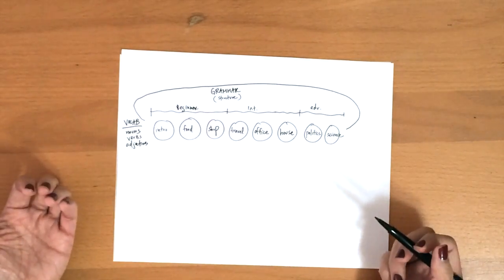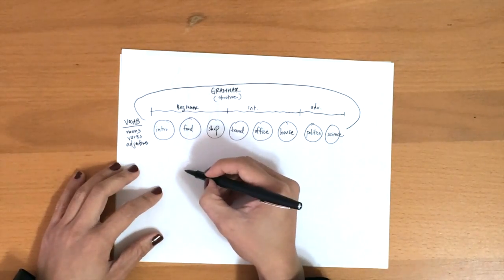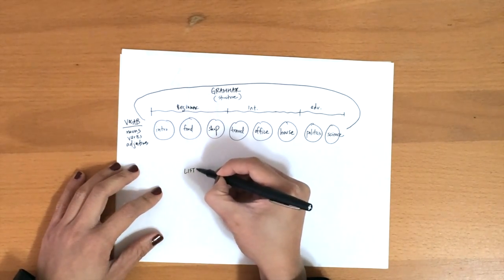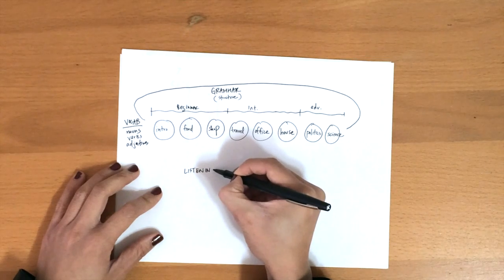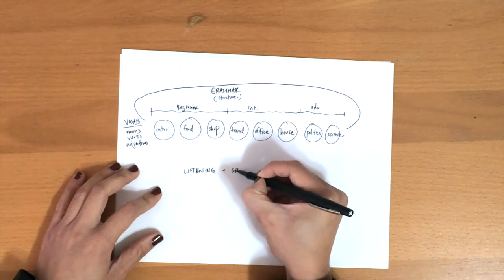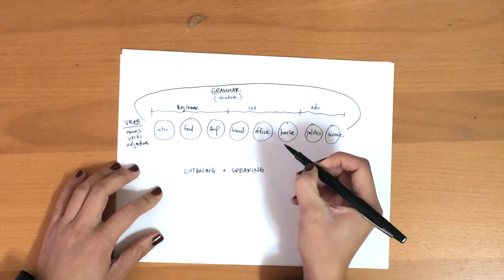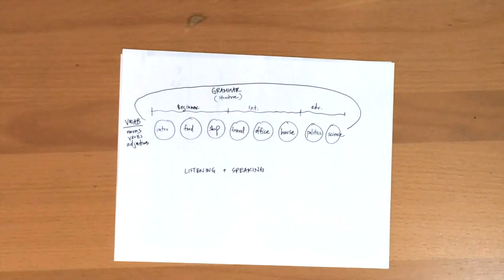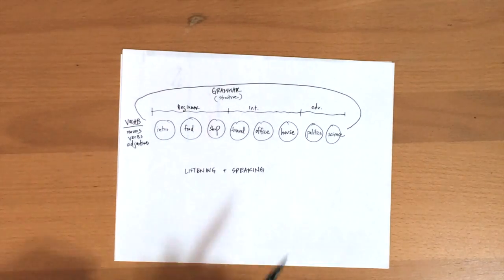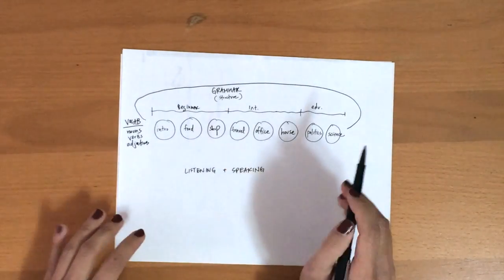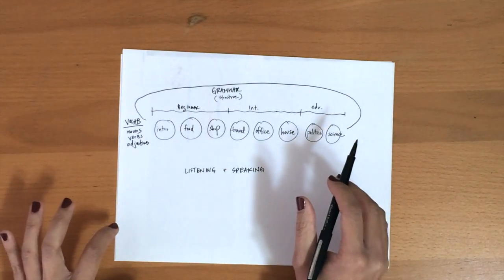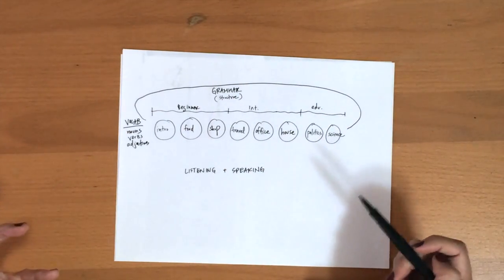Now, a critical component, of course, is listening and speaking. This is really what sets you apart from other people. You might get vocabulary and grammar great, but you could have a really terrible American accent.